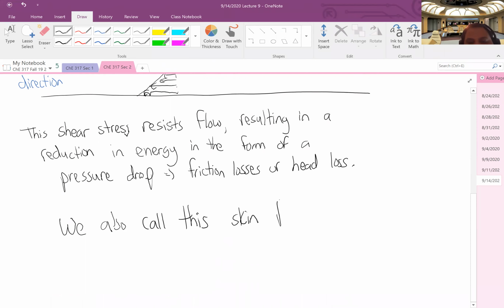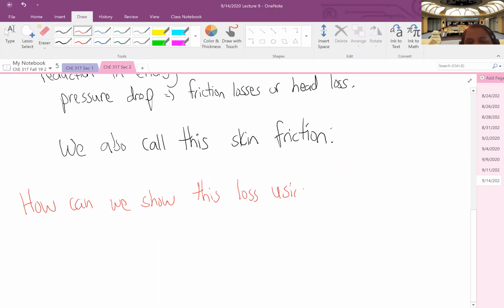So the question then is, how can we show this loss using the mechanical energy balance?